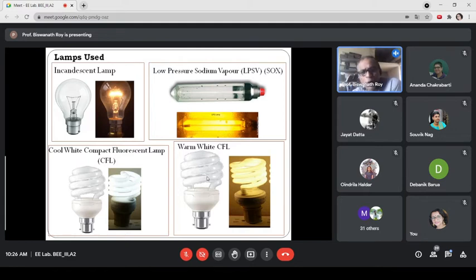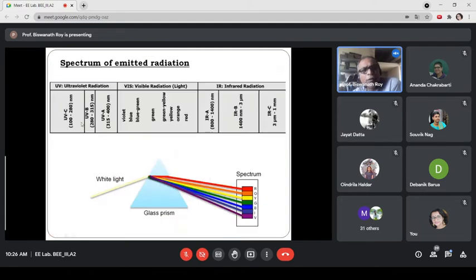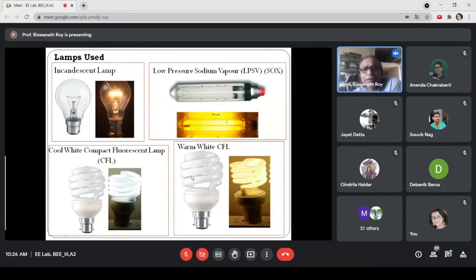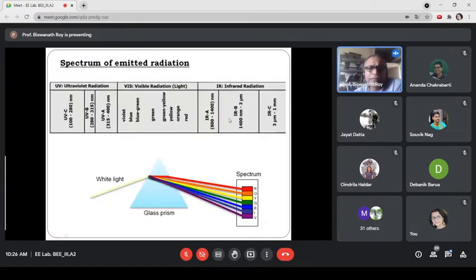So what is the role of this phosphor material? The original emission is UVC, which is emitted by the mercury vapor at low pressure. That actually excites the phosphor material here. So the phosphor material absorbs that UV radiation and gets excited. The excited phosphor material emits light in the visible radiation.